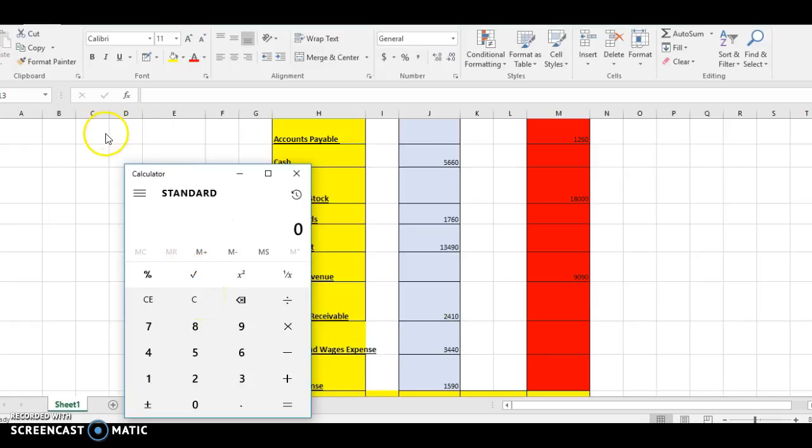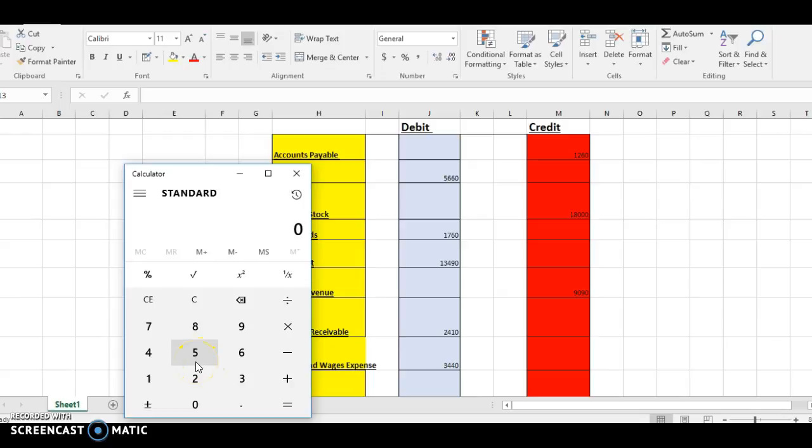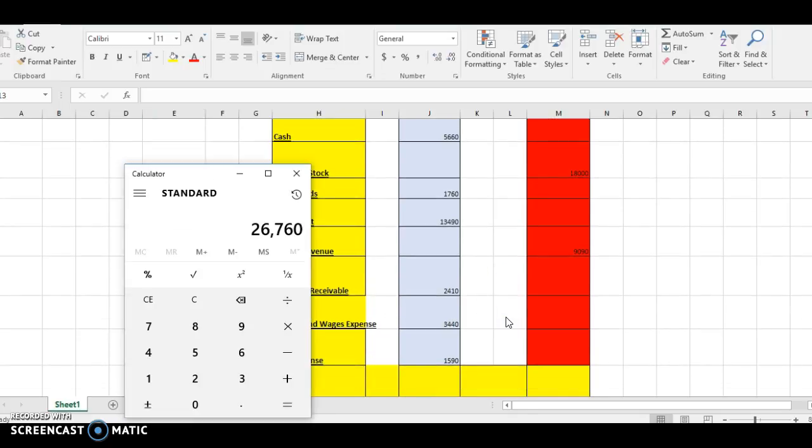And then for our debit, our first one is $5,660 plus our dividends is $1,760 plus $13,490 plus a receivable, which is $2,410 plus salary and wages expense, which is $3,440, and then rent expense, which was $1,590.